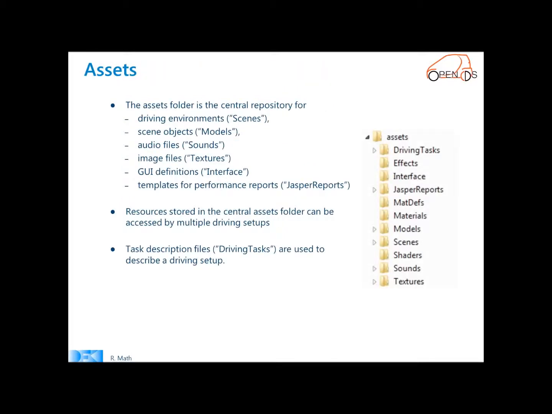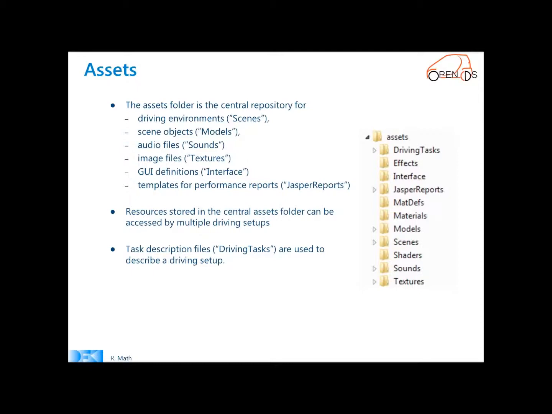Okay, now let's have a closer look at the assets folder, which we just copied to the binaries. It has some interesting subfolders, whose names are partially given by the JMonkey engine.